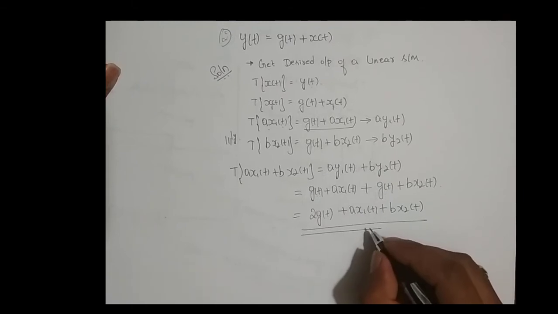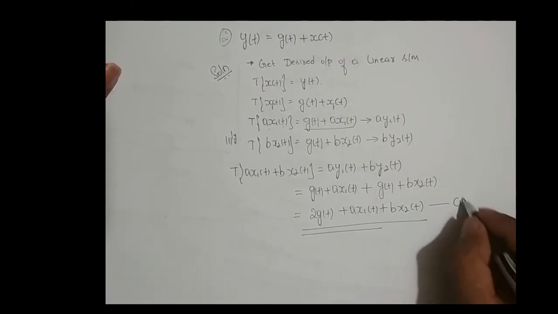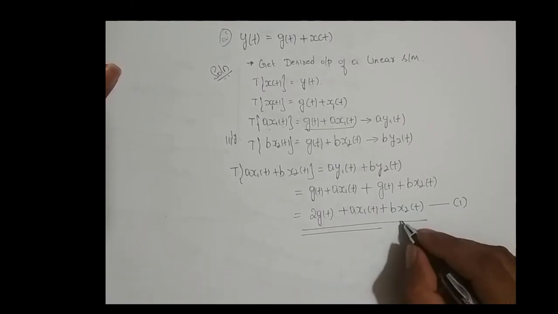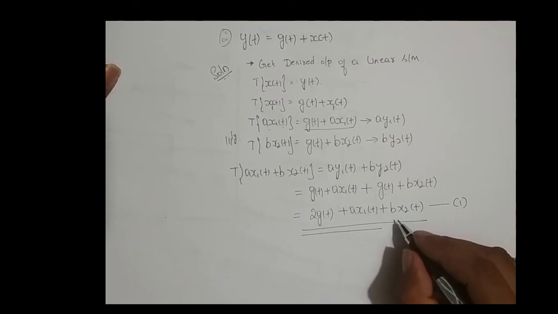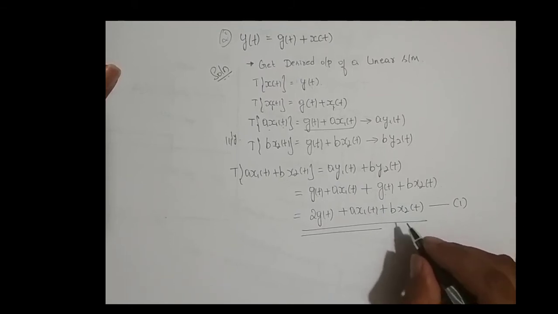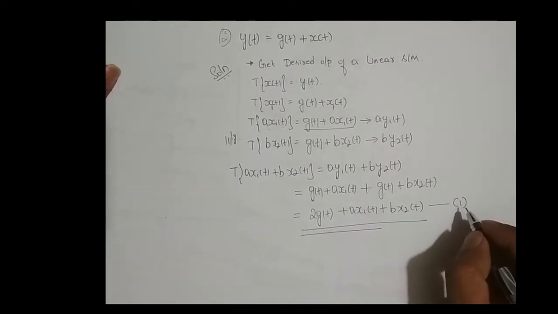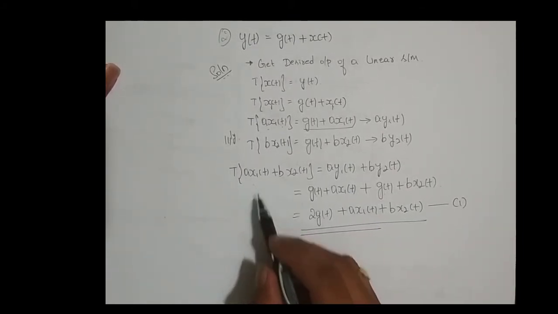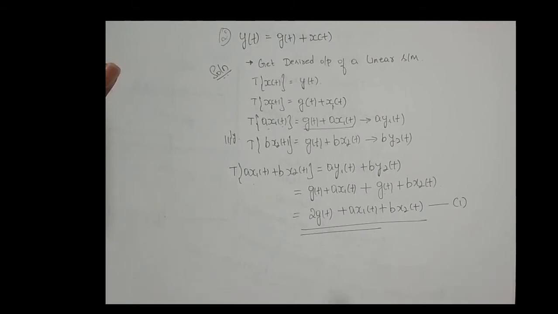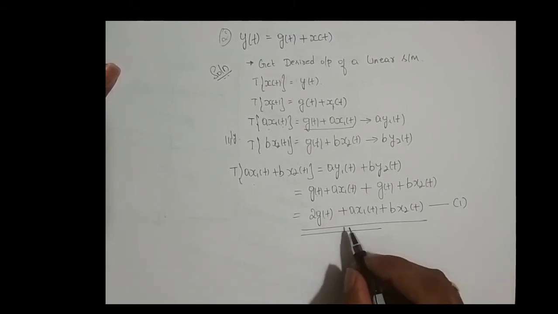So this is the desired output of a linear system. This is what I'm expecting if the system is linear. This is the output I'm expecting if the system is linear for a combined input a times x1 of t plus b times x2 of t, right?